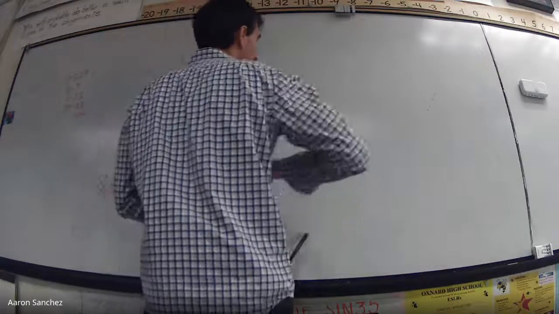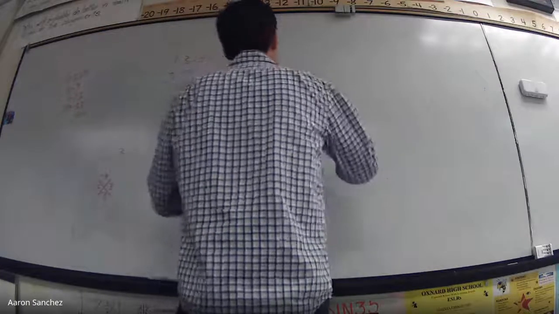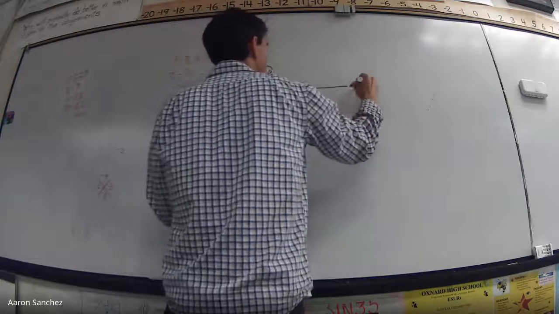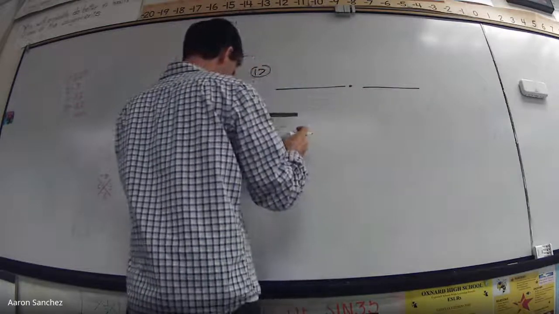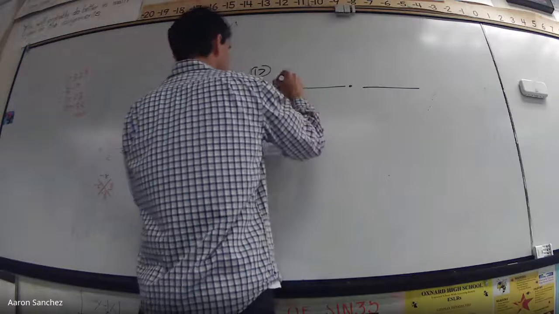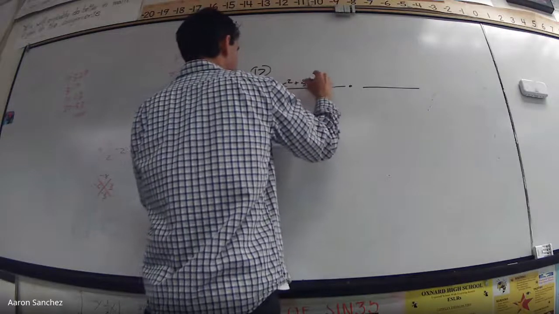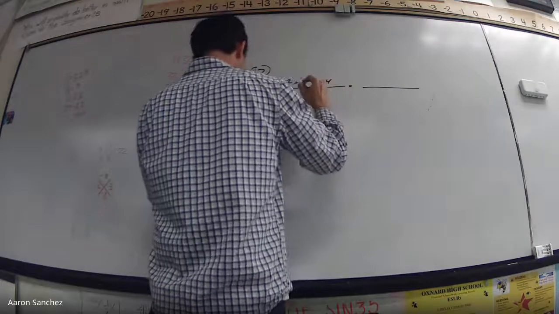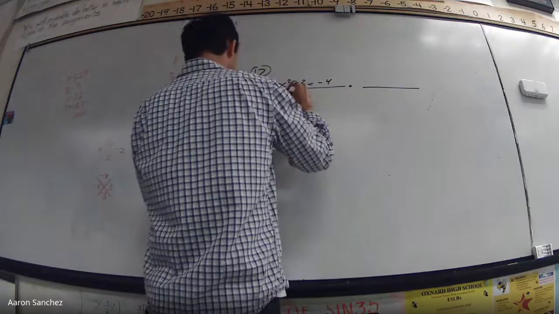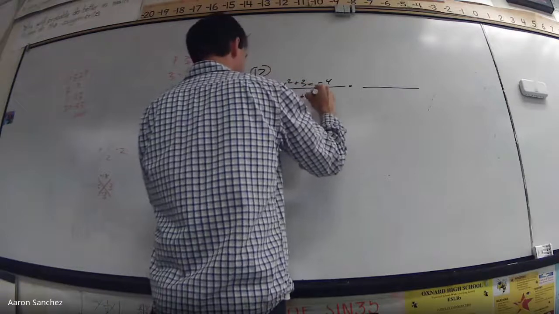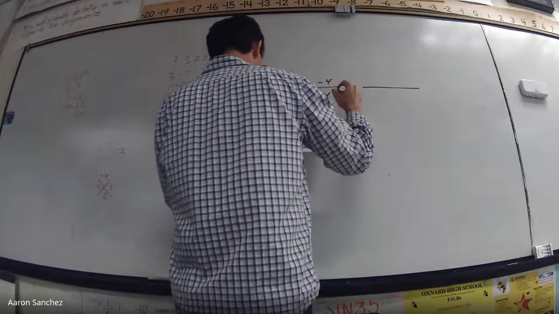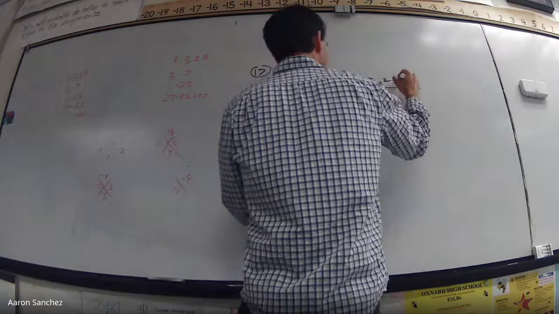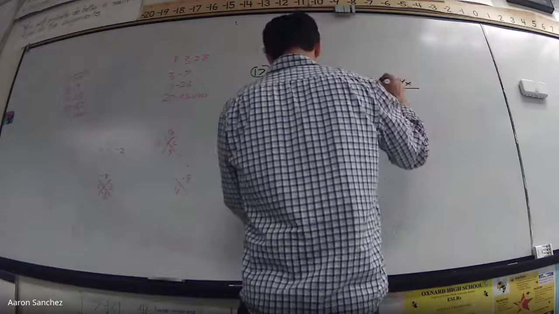All right, let me write it out first. 17. X squared plus 3x minus 4 all over x squared plus 4x plus 4 all over 2x squared plus 4x.